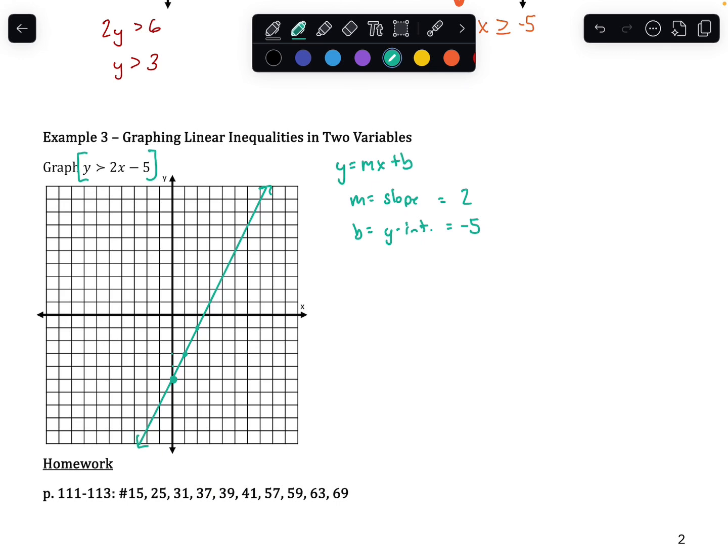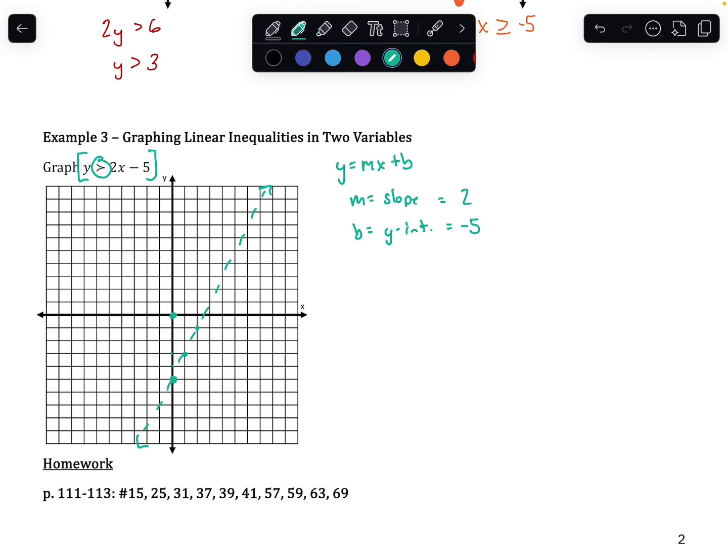Now, is it solid or not solid? Well, our equation has no equal sign, so that means it is a dotted line. And now we decide, do I shade to the right or do I shade to the left?